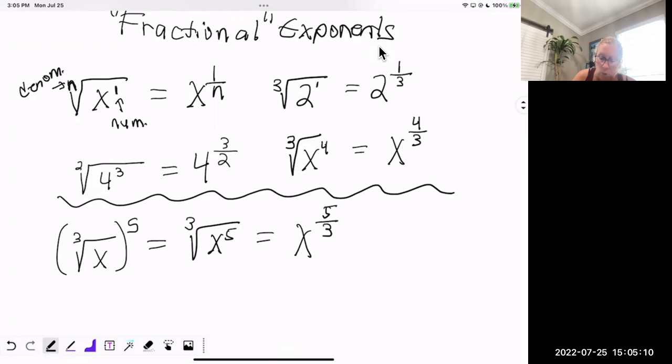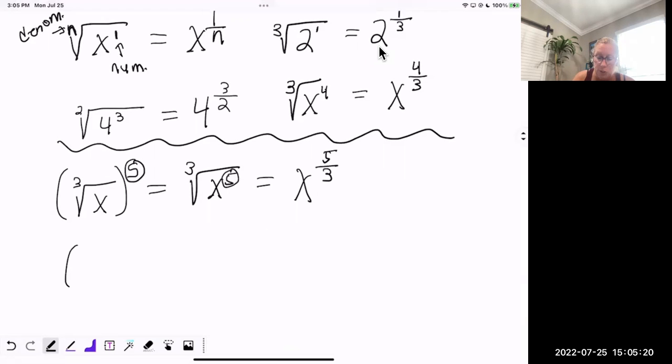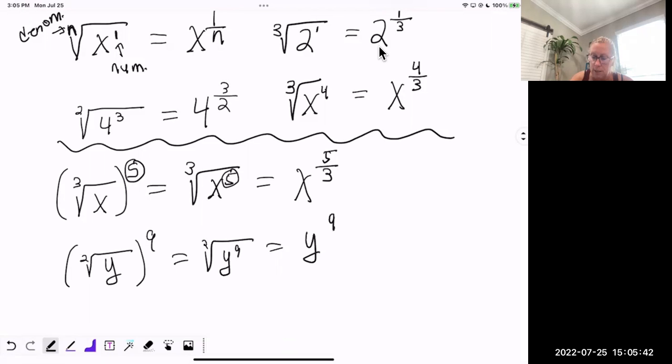So that 5 can go as a power on the outside, or it can become a power on the inside. It means the same thing. You're going to see it both ways. If I have the square root of y and I make it to the 9th power, remember this is a 2, I'm going to write both ways. It also means the square root of y to the 9th. They mean the same thing. So y, numerator is 9, denominator is 2. So you're going to see it both ways.